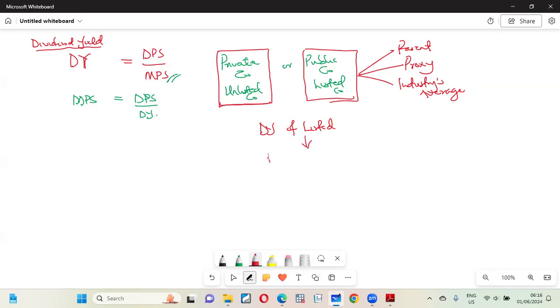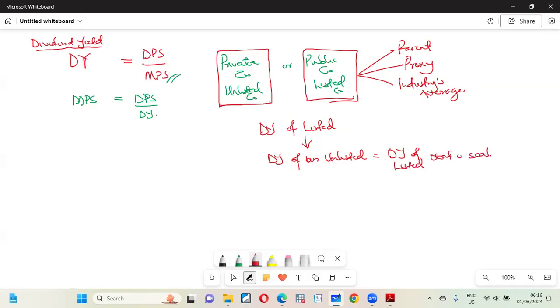So the DY of an unlisted company is equal to the DY of a listed company that is scaled up.